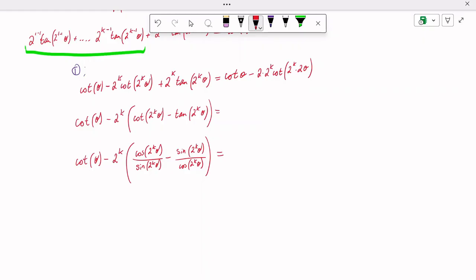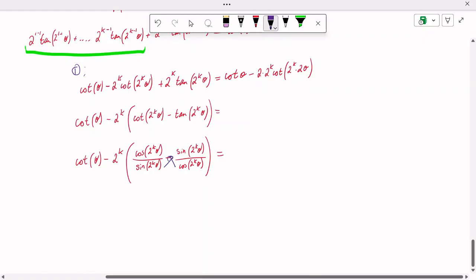Lovely. Now I can combine these two fractions by cross multiplying, so I'm going to do that. So that's going to look like this.